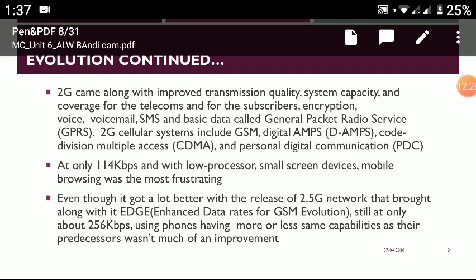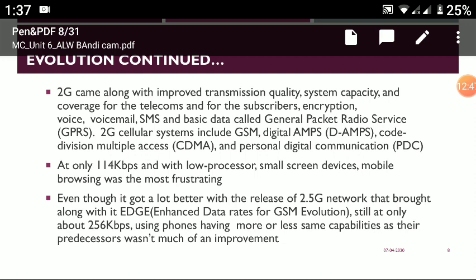At only 114 kilobits per second, with low processors and small screen devices, mobile browsing was the most frustrating.